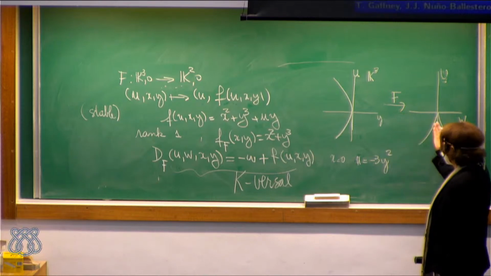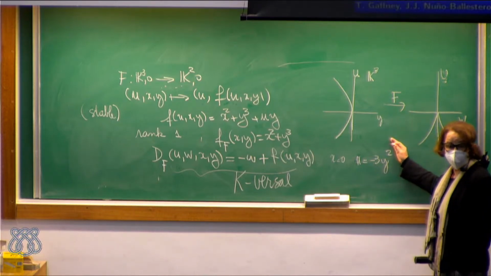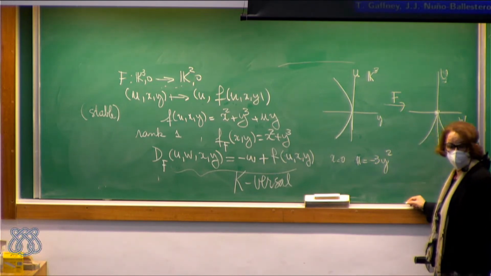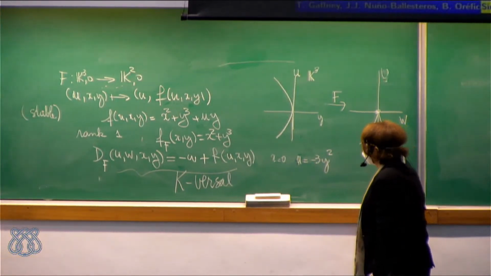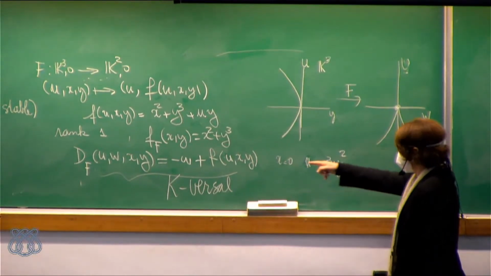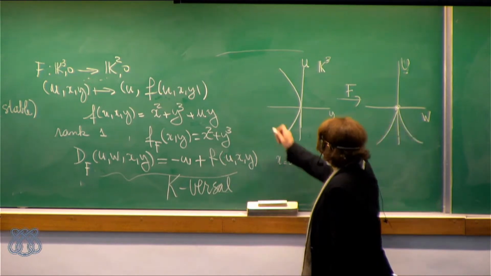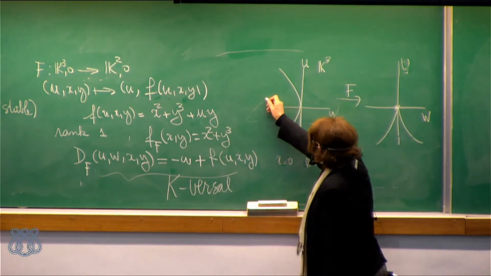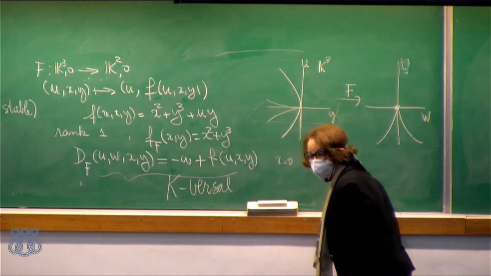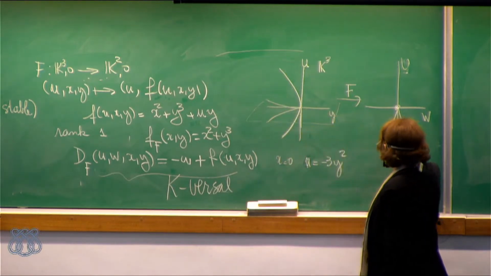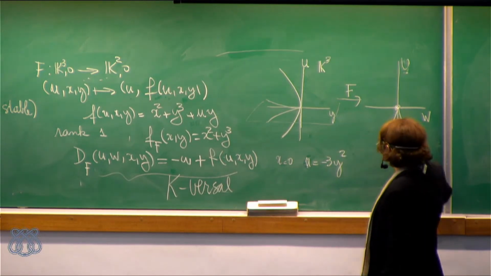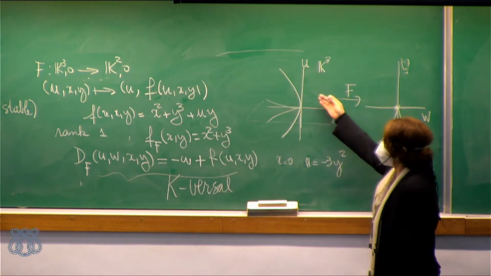Then let's look at what the fibers of this map are. When you are at the origin, you have the special fiber. If you take u and w equal to 0, you get exactly a cusp in this plane. If you take any y and w that are not in this discriminant set, you have a smooth fiber there.